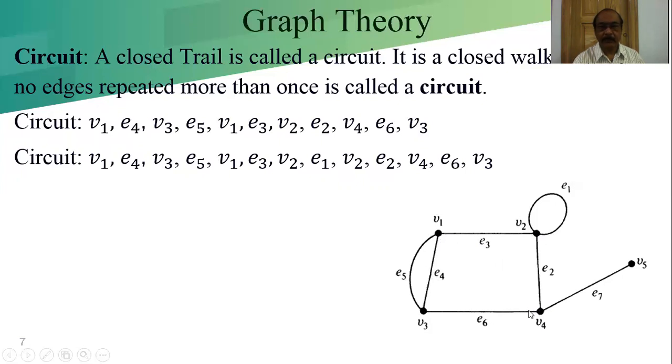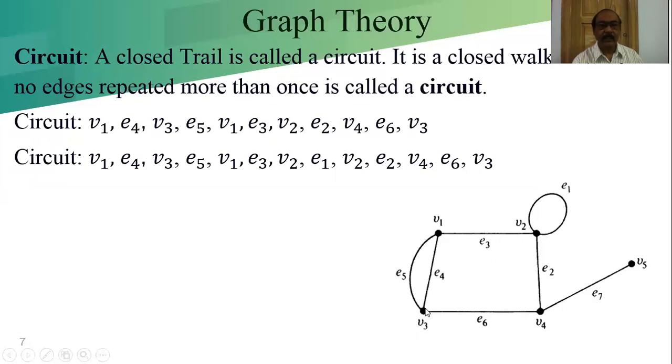One circuit. We can do it this way: V1, E4, V3, E5, V1, E3, V2, E1, V2, E2, V4, E6, V3.